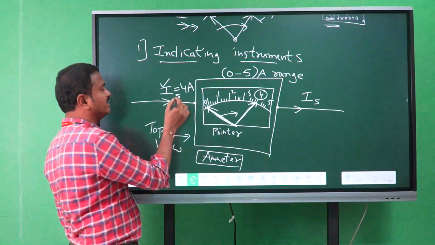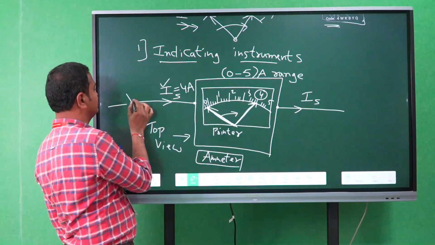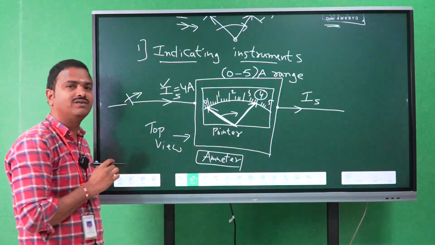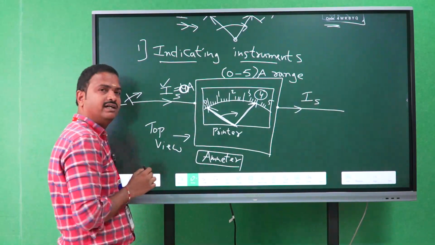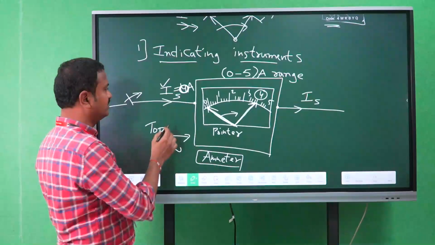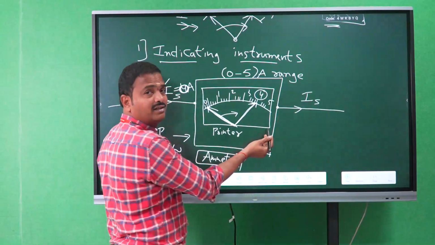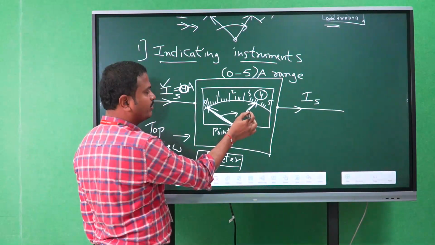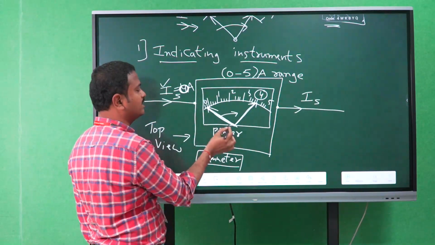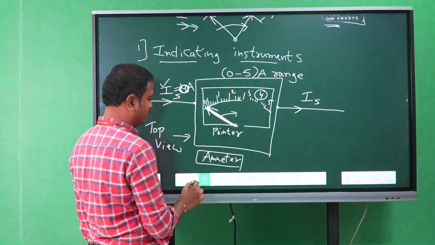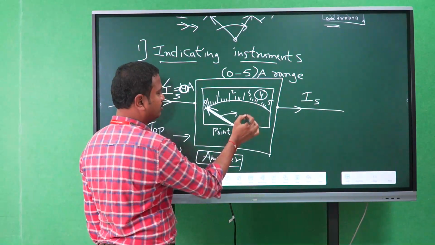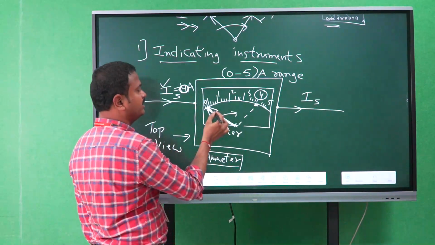Whenever the switch is turned off, the current in the circuit will be 0, so zero current will be flowing through the ammeter. Immediately the pointer moves to its original position, the 0 position. The pointer moves from the 4 amperes reading to 0 amperes.